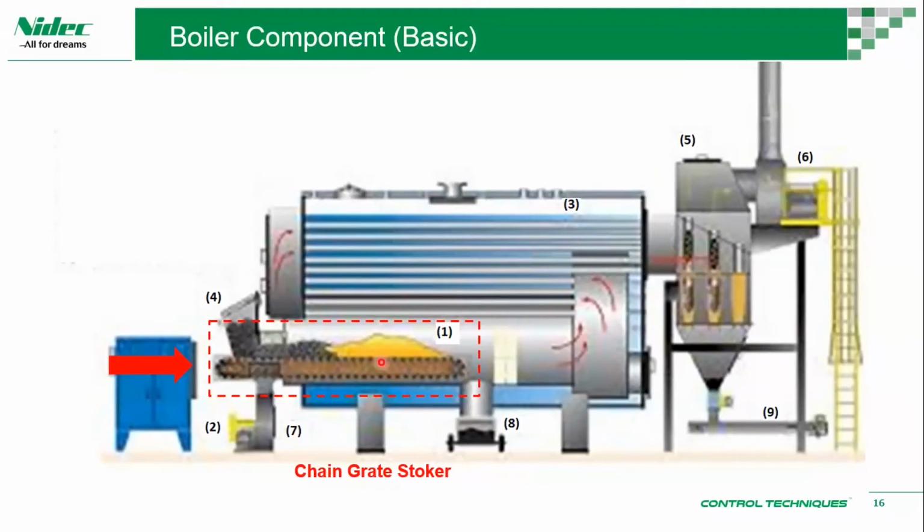The chain grate stoker will run continuously. If you remember when you are cooking or grilling, if you want to add more heat inside the furnace, we need to add more fuel, or we need to add more fresh air. This is the control that the boiler can do. So add more fuel, add more fresh air, and suction more air. That's the condition when we are starting the boiler.